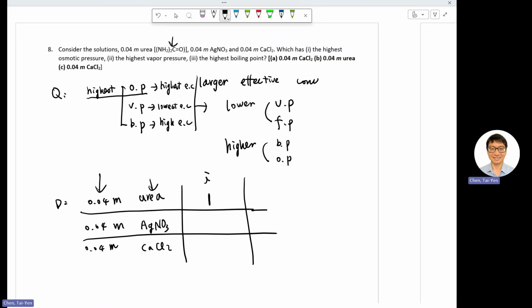Then the effective concentration will be just 1 times 0.04, which is 0.04. Everybody fine with this? Okay, move to the second one.